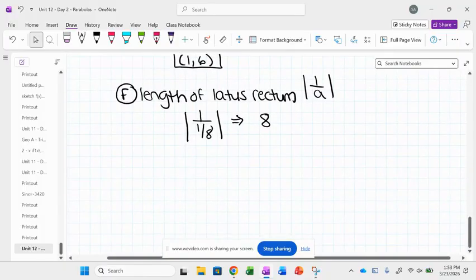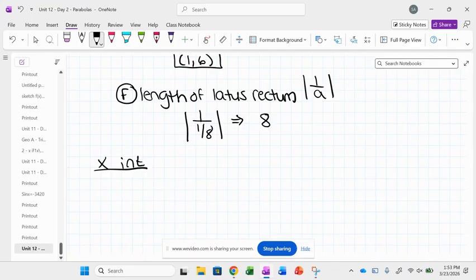Okay. So now the last thing I want us to find is the x and y intercepts. Who remembers how do we find the x-intercept? Y equal to 0. So we're going to have 0 is equal to 1/8 times x minus 1 squared plus 4. I'm now going to subtract that 4 and multiply by 8.